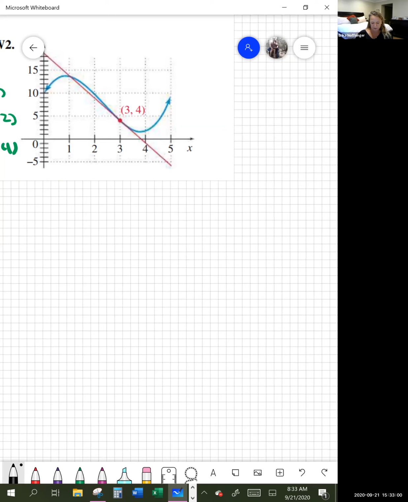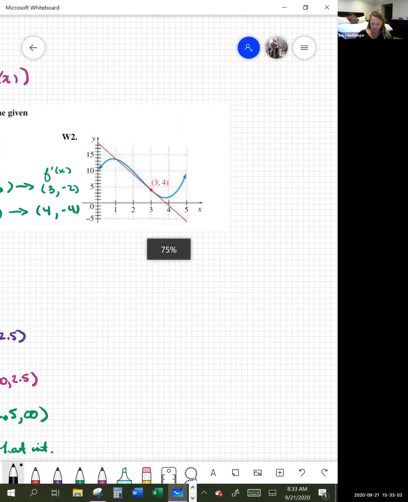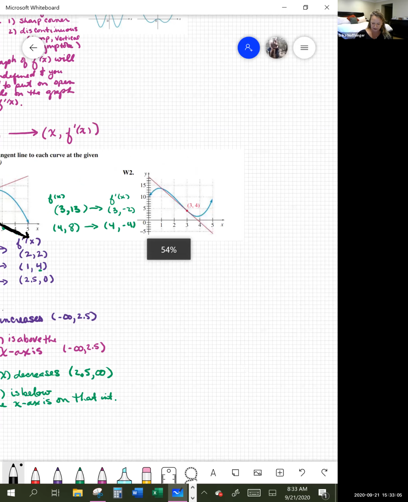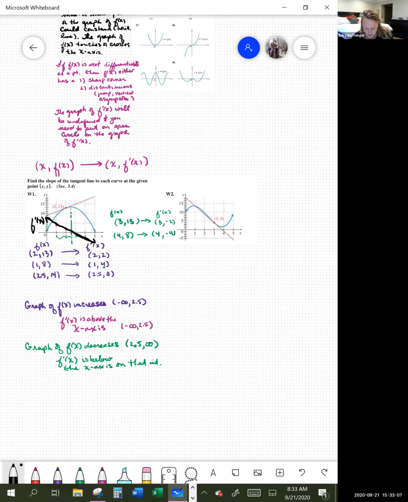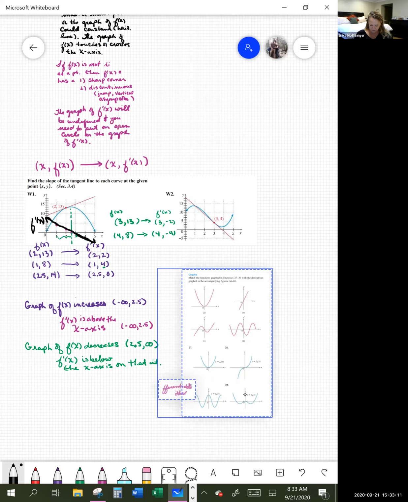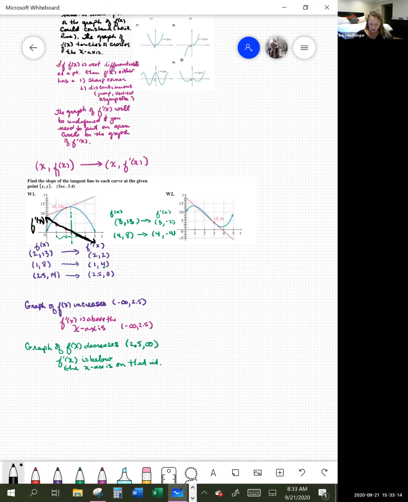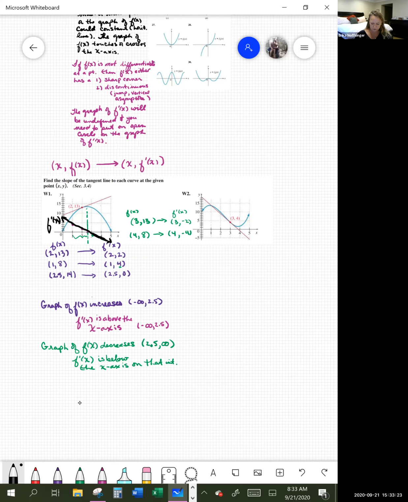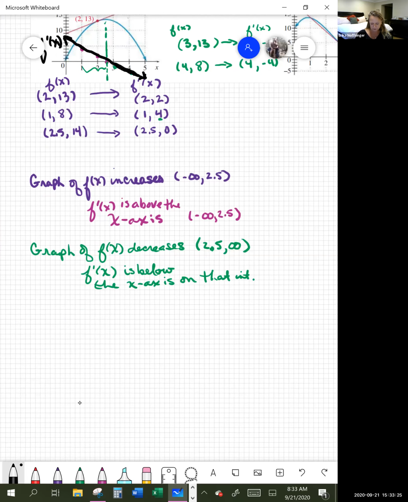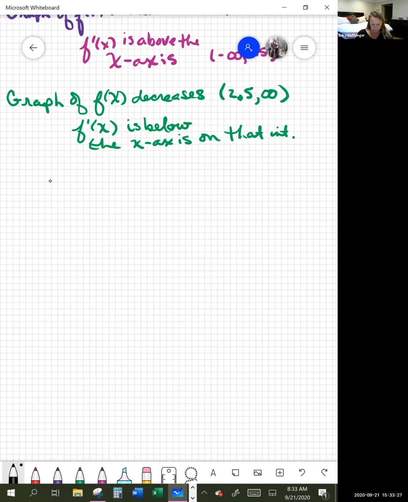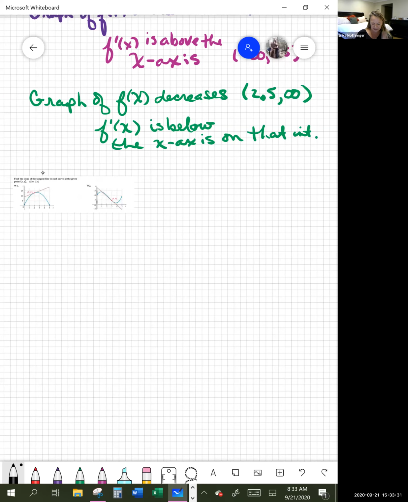Let me see if I can find that one graph that I kind of threw off. It wasn't being nice. There it is. Let me put it down here. Yeah, that's not the one I wanted.